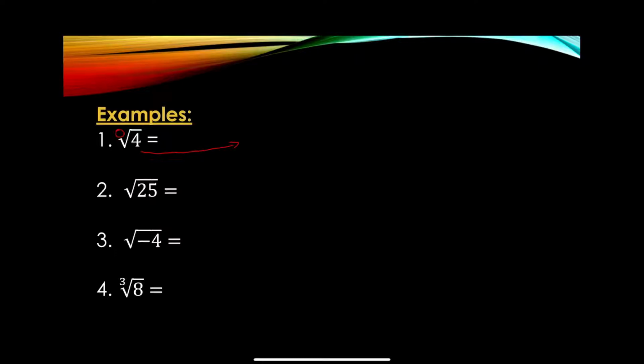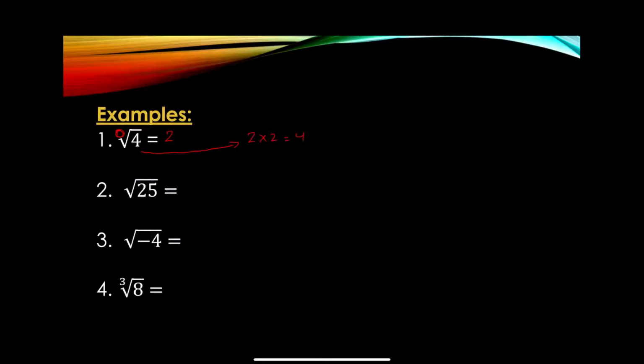The answer is 2, because 2 times 2 is equal 4. Again, what is the square root of 4? Ask yourself, what's the number if we multiply by itself 2 times will give us 4? The answer is 2.